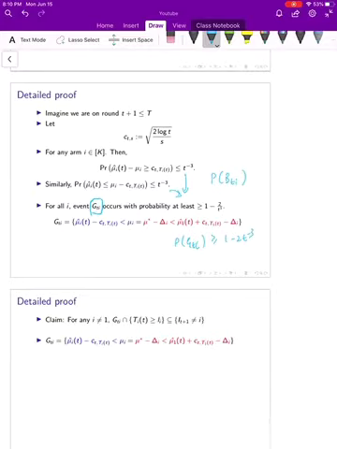The first one here, this part, let's take this part first.